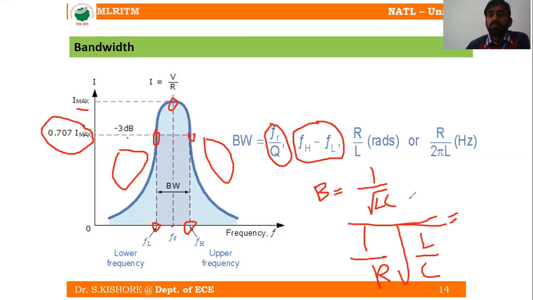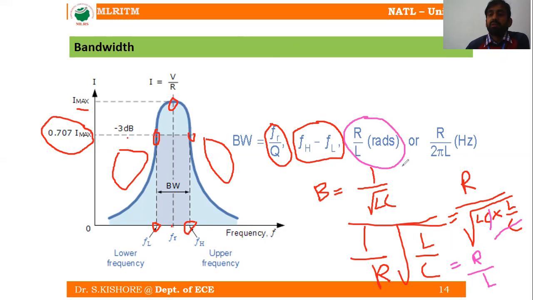By calculating this, you can say R by root over LC into root over L by C. From this equation, the root over C is going to get cancelled, and you are going to have R by root over L square, which is nothing but L. This is nothing but R by L radians, because here we have taken the resonant frequency as 1 by root over LC.